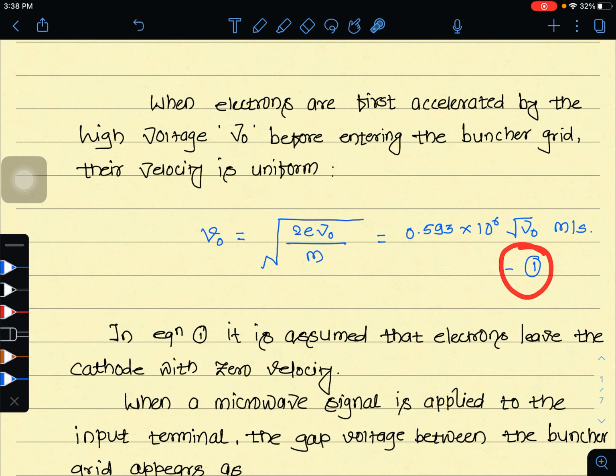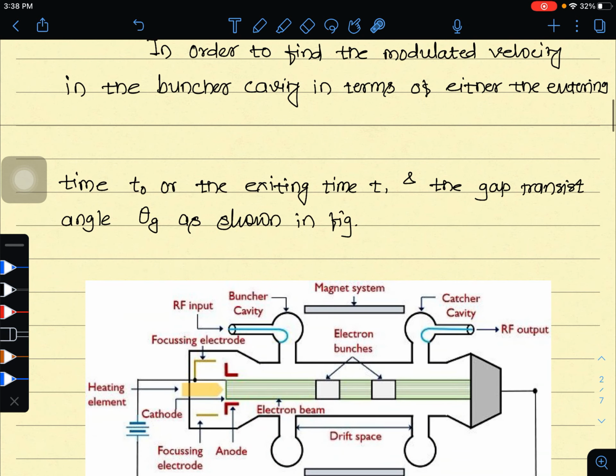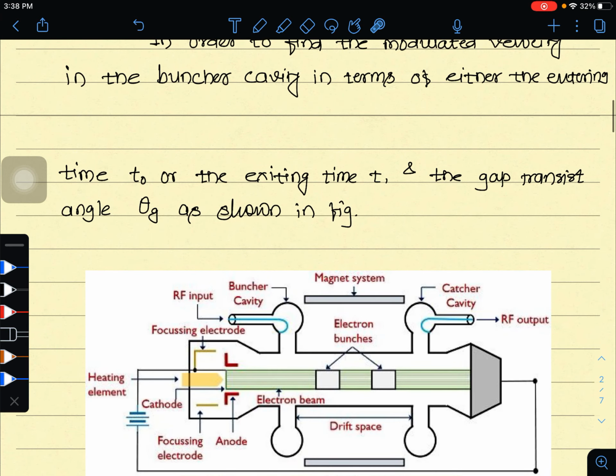So put this as equation number 1. From that equation, we can easily assume that the electrons leave the cathode with zero velocity.